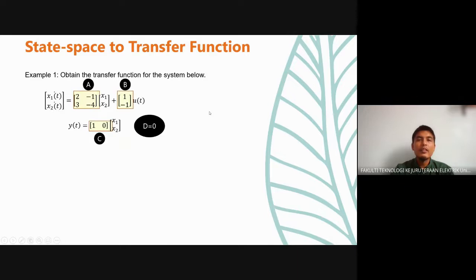So you need to identify your A matrix, your B matrix, your C matrix, and also your D matrix. After you identify, you just need to plug your matrices C, A, B, and D into this formula.